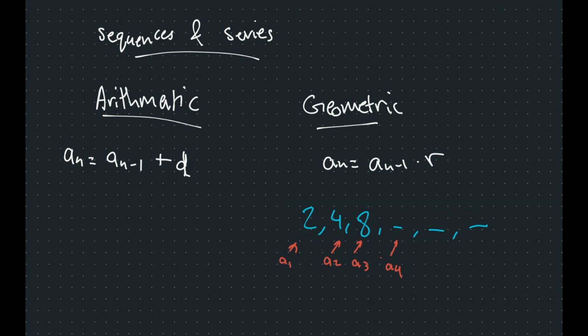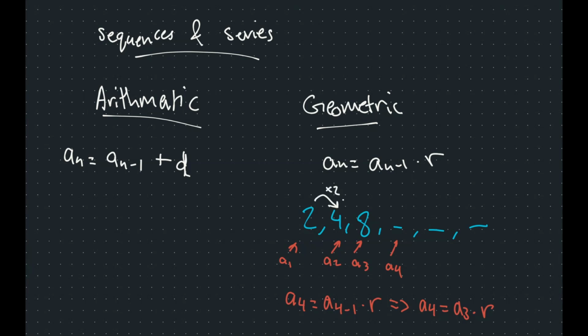To find A4, we will just substitute 4 into the equation. We will get A4 is equal to A4 minus 1 times R, and then it will be A4 is equal to A3 times R. But what is R exactly? It's actually the number that you use to get from this to this.